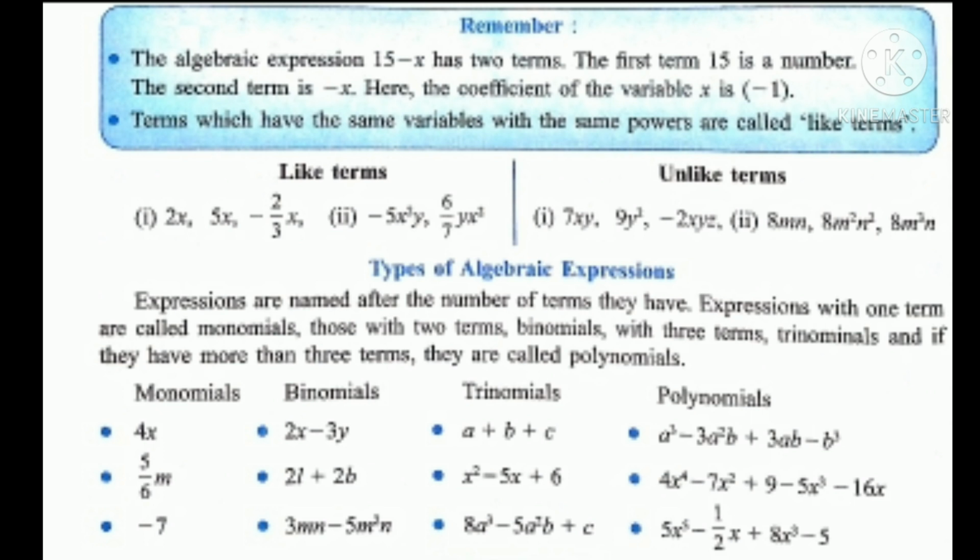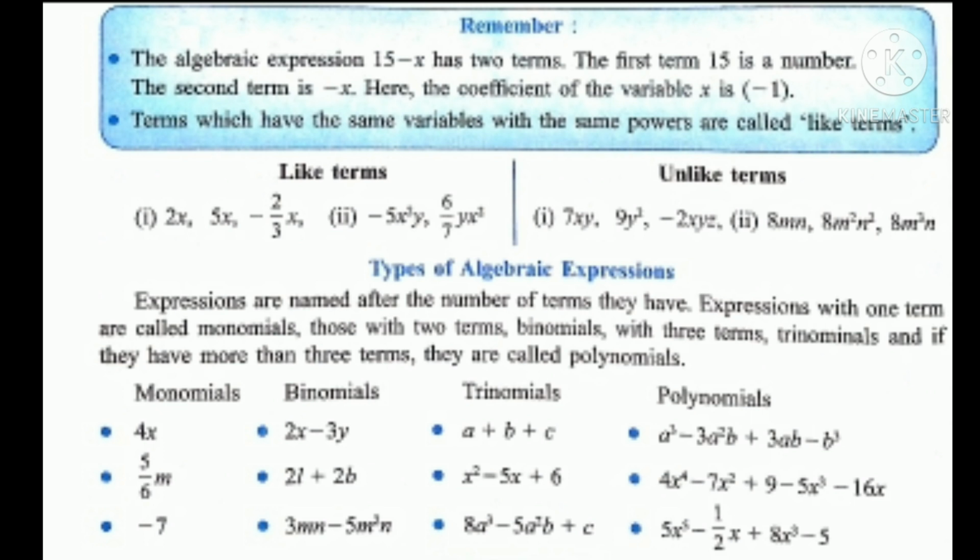If more than three terms are there, then that algebraic expression will be considered a polynomial. As you can see, a cube minus 3a square b plus 3ab minus b cube. How many terms? 1, 2, 3, 4. 4 terms are there. So more than 3 terms will be called a polynomial.